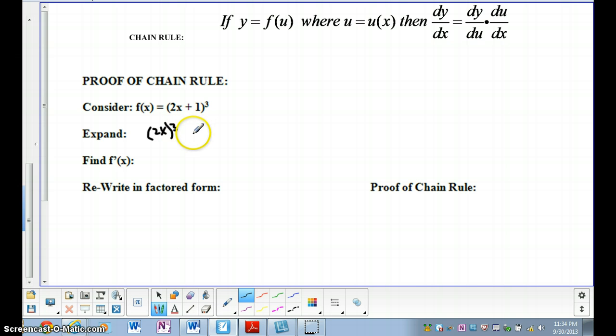Then we will have 3 times 2x squared times 1. Our next term will be 3 times 2x times 1 squared. And our last item will be 1 cubed.